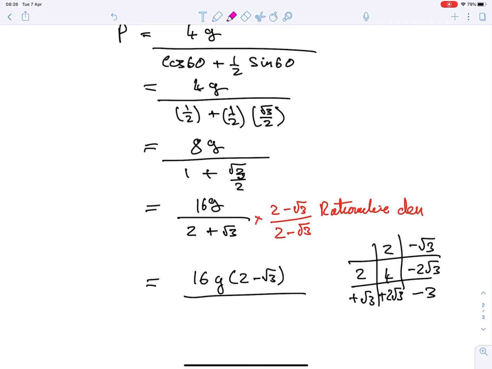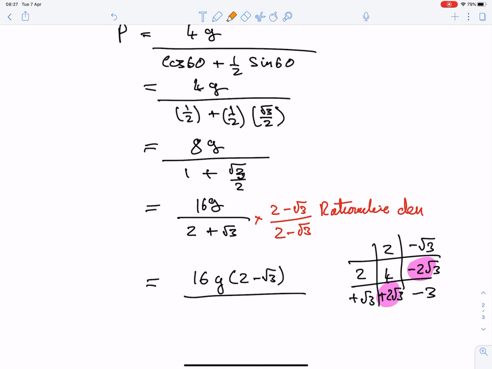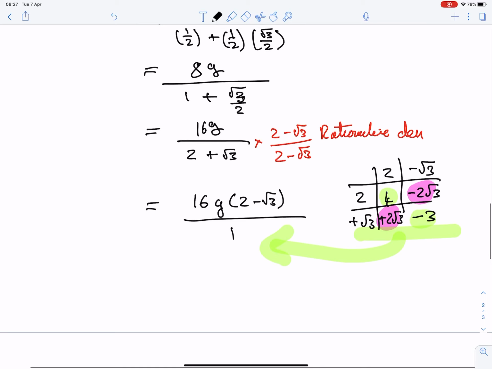So these bits will cancel, and 4 take away minus 3, this whole thing then just gives us 1. So we've got a nice exact answer at the end.